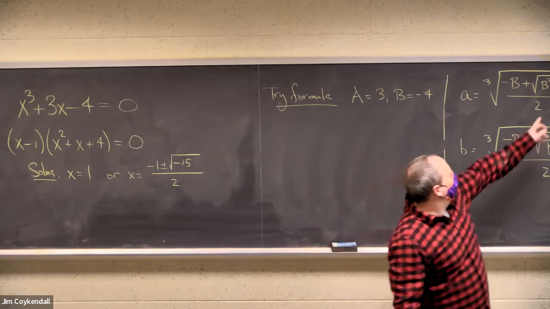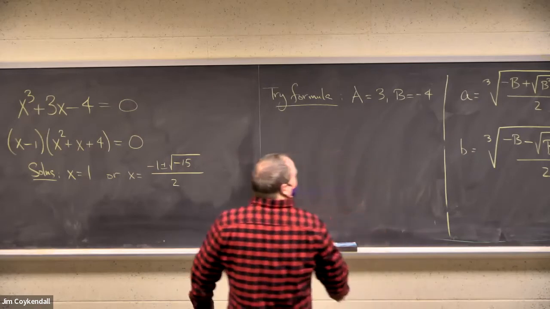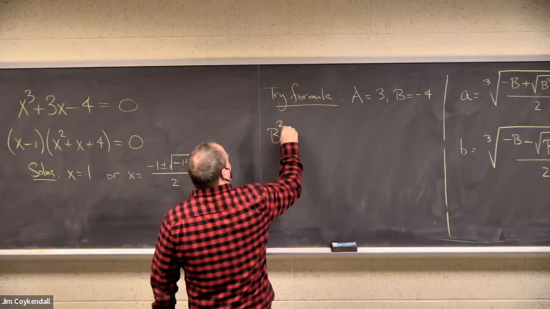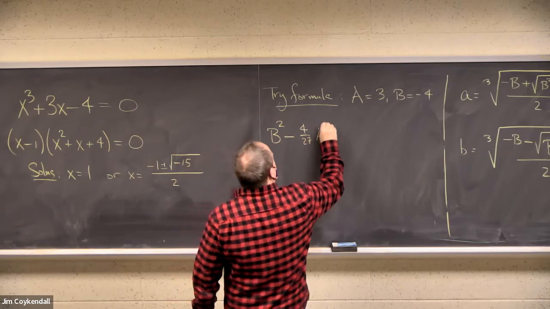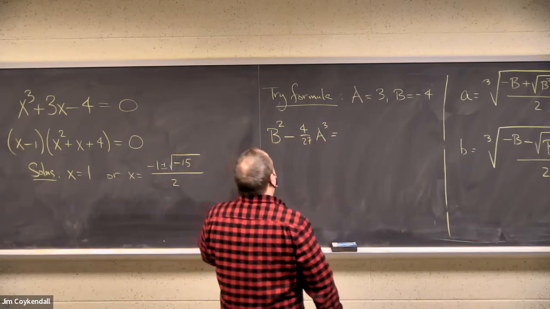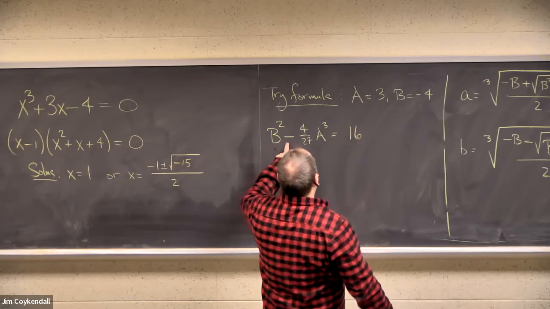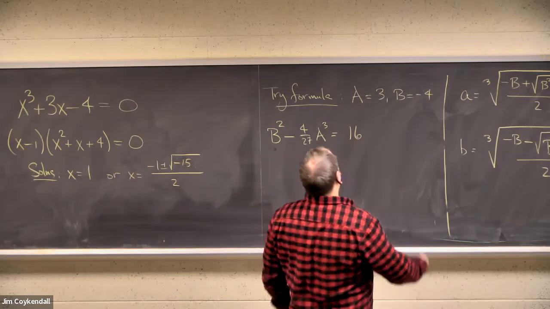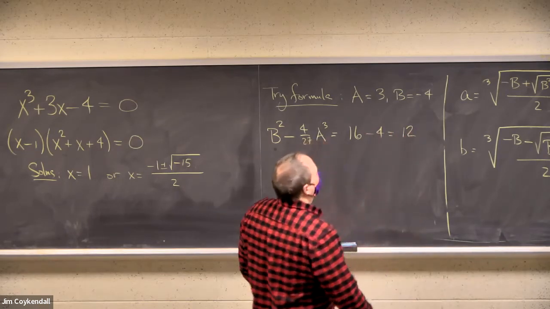Let me figure out what this awful thing is under that nested radical. So B squared minus 4/27 A cubed. Well, that should be 16, and then A cubed is actually 27, which is convenient. So this is 12, isn't it?